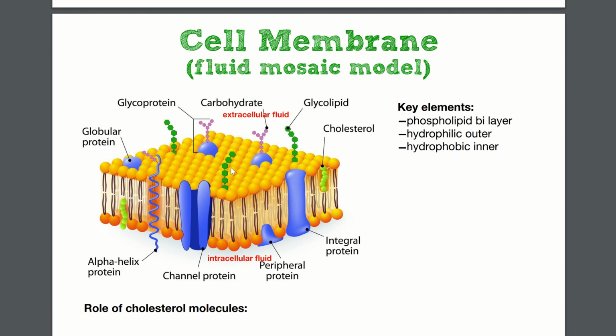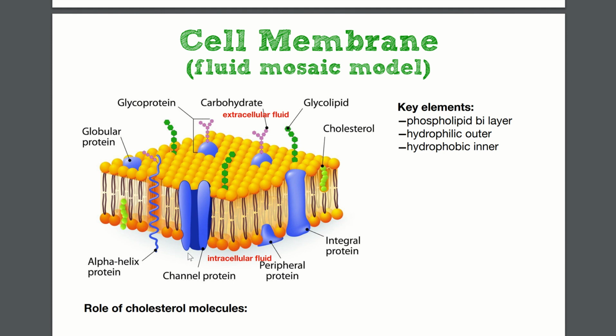There are proteins all over this membrane, and we call those on the surface peripheral proteins. And for the ones that go throughout the width of the membrane, we call them channel protein.